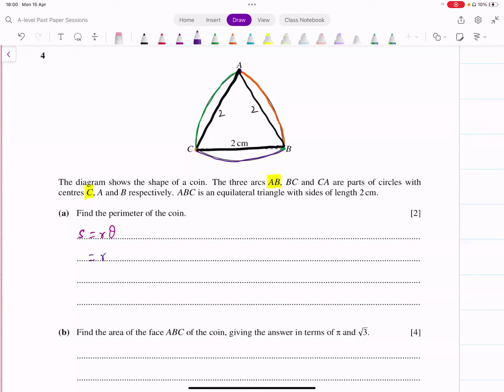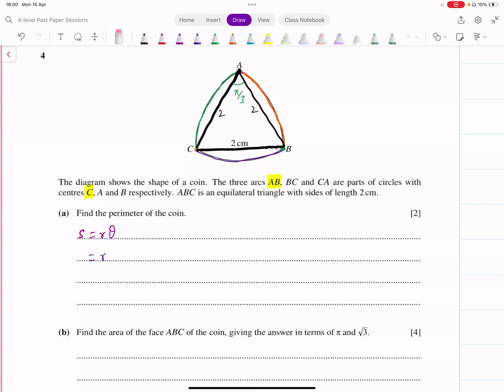So if we focus on, for instance, this sector, the radius is 2. What about this angle? This angle is part of an equilateral triangle. An equilateral triangle has all angles equal, which are 60 degrees. In radians, that would be pi over 3. So all the angles are pi over 3. So this angle, for instance, this is also pi over 3. And similarly, the rest of the angles are also pi over 3.